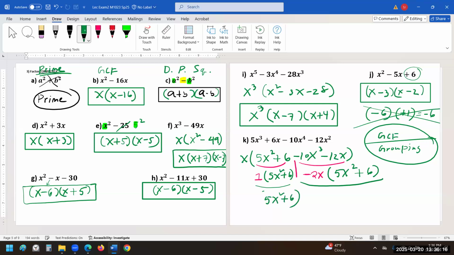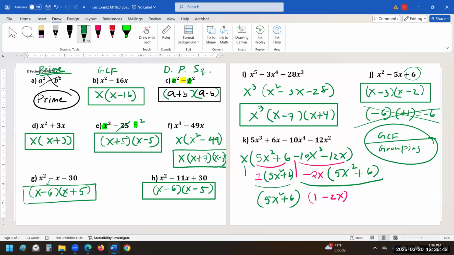5x squared plus 6. In multiplication, the order doesn't matter. But I like to do it fast because I'm showing you that they both have 5x squared plus 6 and pulling it out is a common factor. And then I put together what is left: 1 and minus 2x.